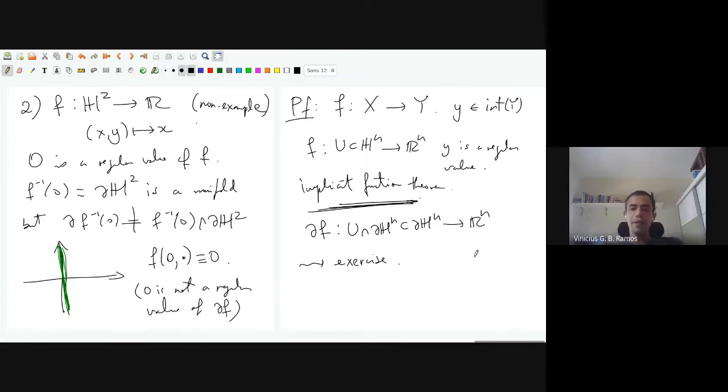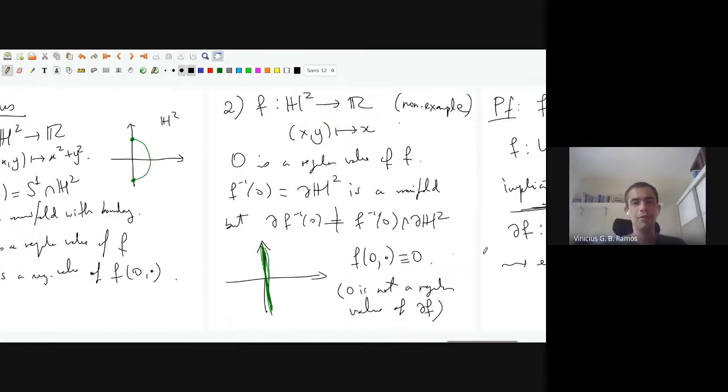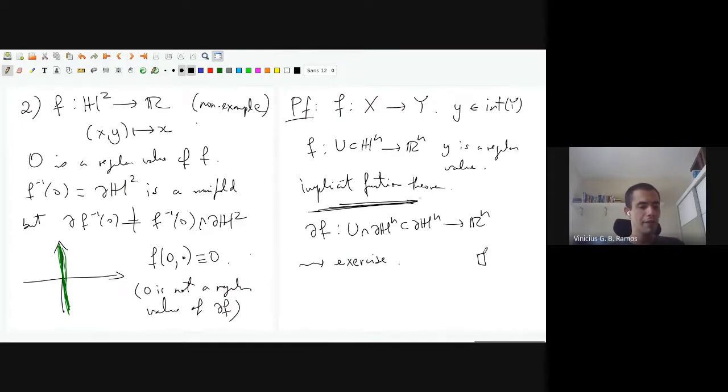Okay, but what I do want to prove is what happens when you consider a manifold that is transverse to a submanifold. So that's kind of a generalization of this.